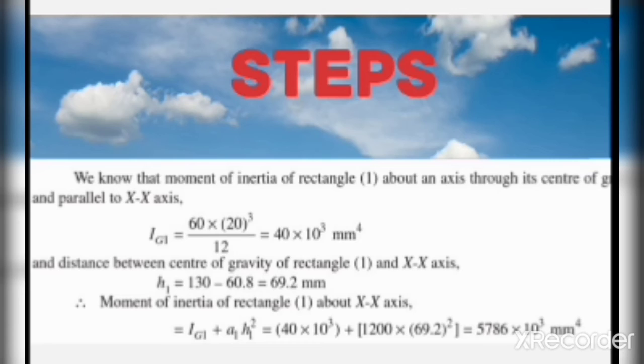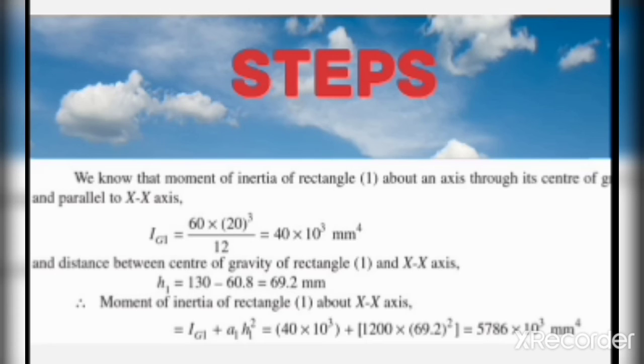The unit of moment of inertia is mm power 4. After finding b d cube by 12, we move to the moment of inertia about the X-X axis, that is the horizontal base reference axis.